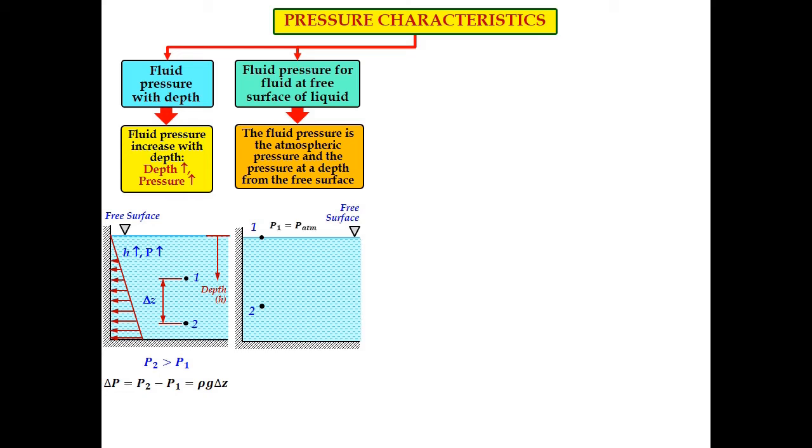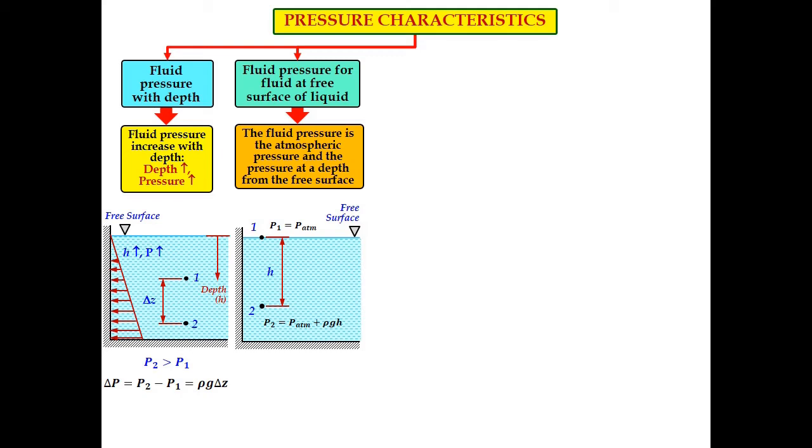So P1 will be equal to P atmospheric, and the depth difference between point 2 and point 1 is represented by H. So the pressure at point 2 will be P2 equal to P atm plus rho g h.